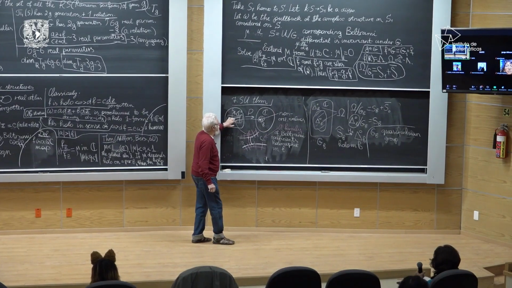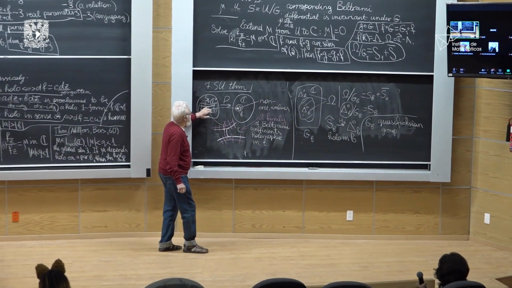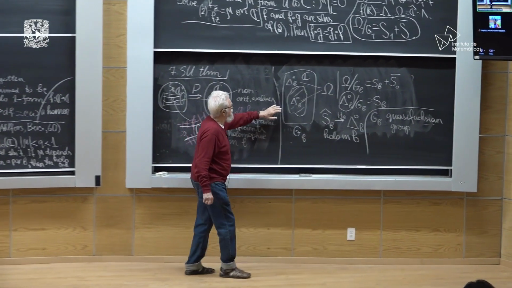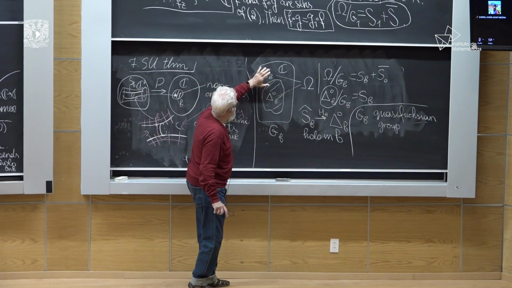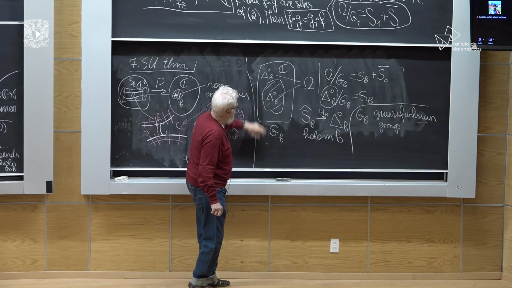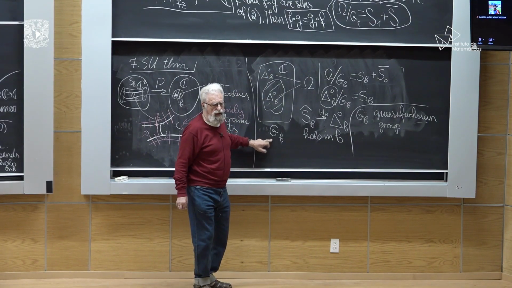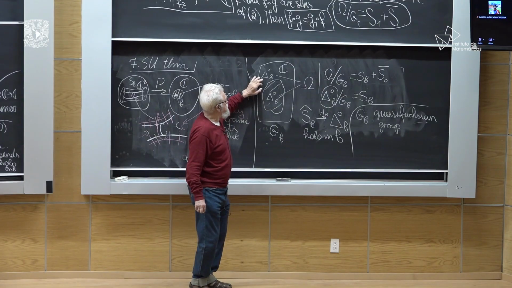You have the factor space. You have first one group GB. Its discontinuity region is a complement to a topological circle.